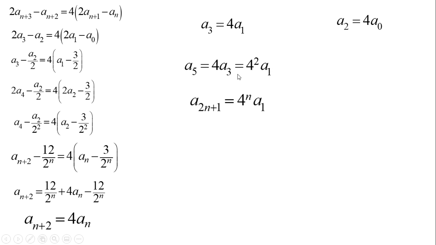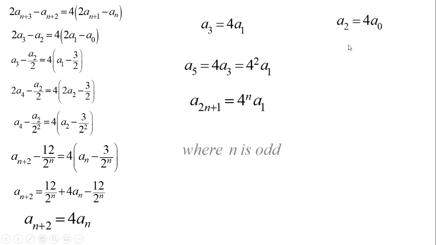So we can make a generalization for the odd terms. a_{2n+1}, of course, is an odd term. The generalized odd term a_{2n+1} equals 4 power n times a1. Of course, as you can see, a7, a9, a11, a13, and so on will always be positive integers.